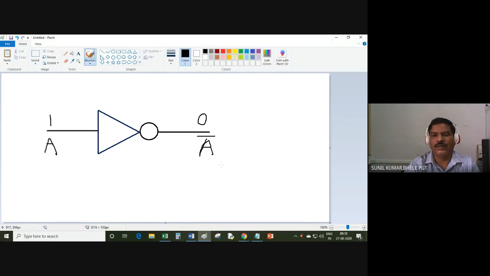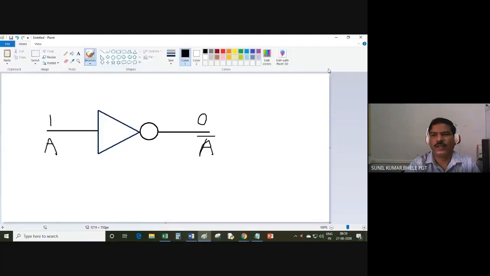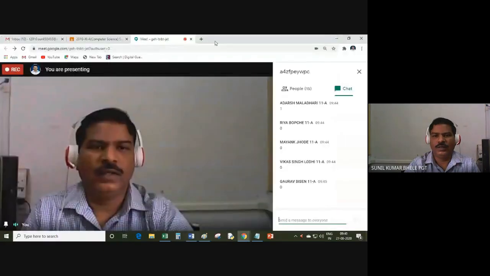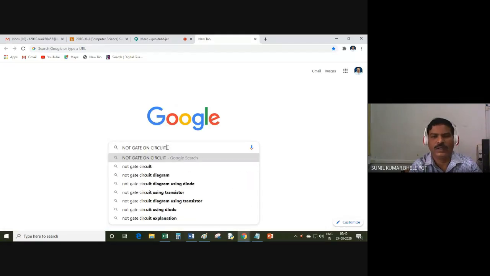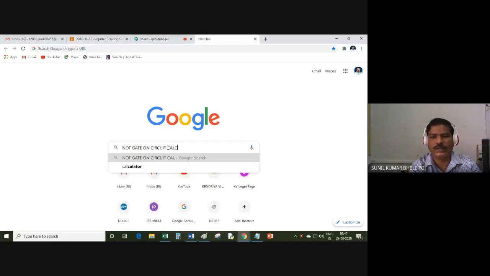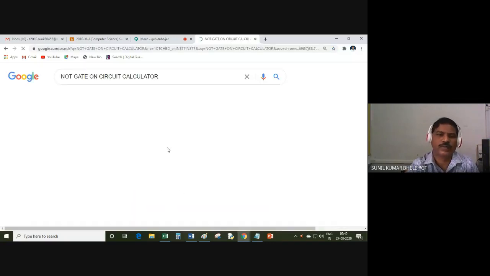You know that each and every device has a motherboard. In a calculator also there is a board with electronic circuits, and on those circuits you can see some designs are created. If I search on the internet, NOT gate on circuit, calculator suppose.